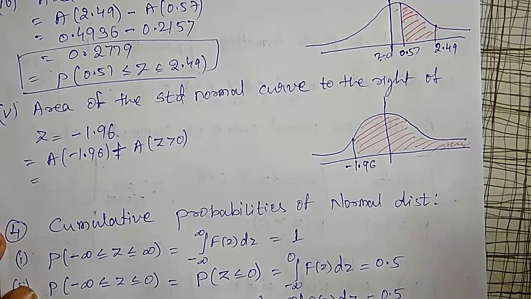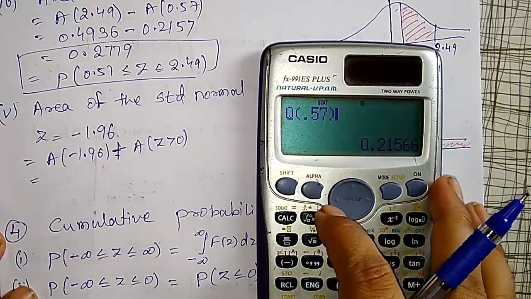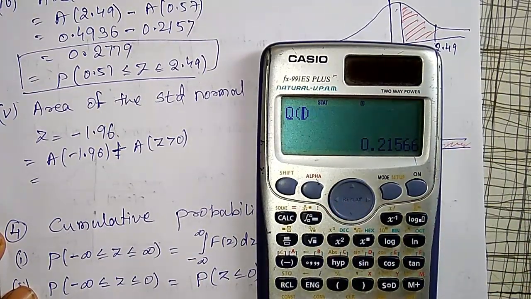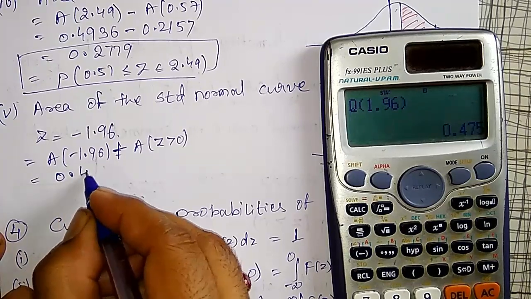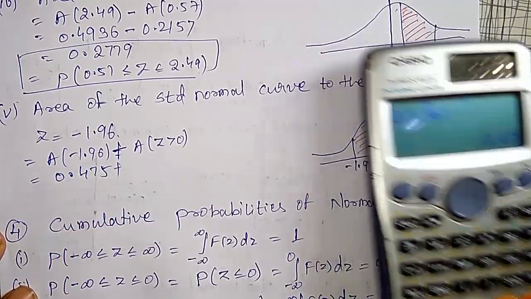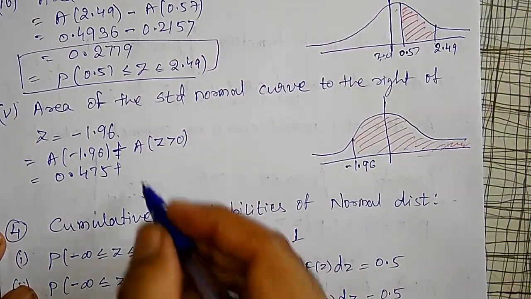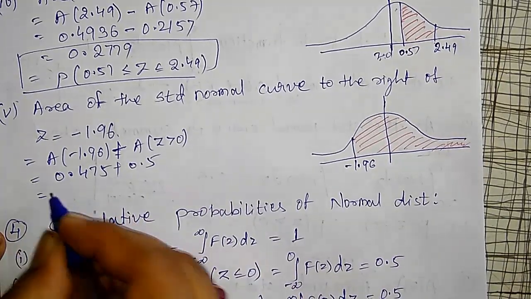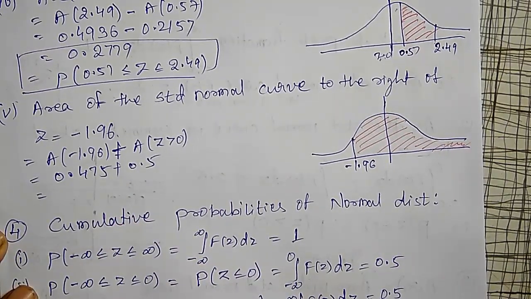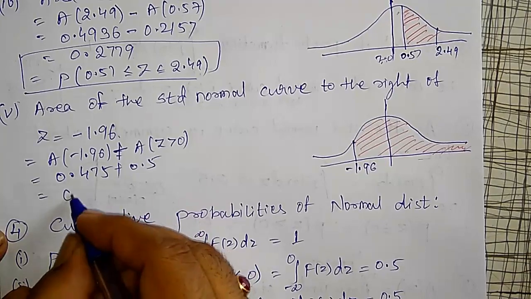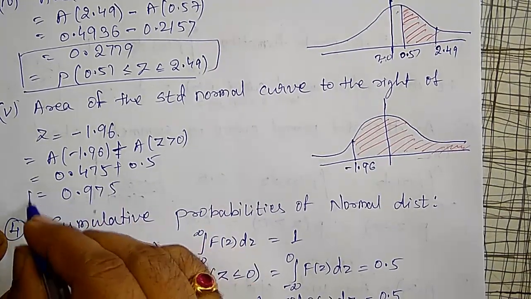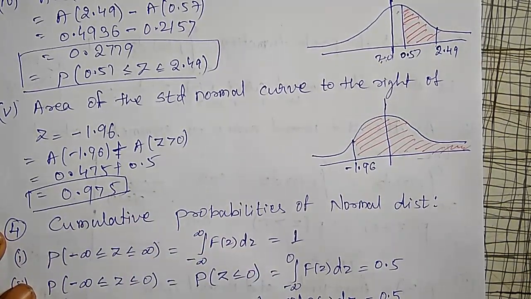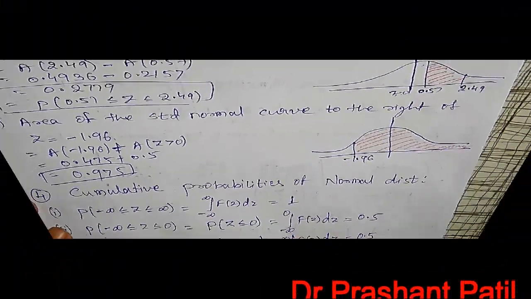Then this one, minus or you can take plus, both are one and the same, 1.96, the area is going to give 0.475, plus the area beyond z equal to 0, which is 0.5, so the total area is 0.975. This is the required area. This is how to use the area and all those things I have discussed.